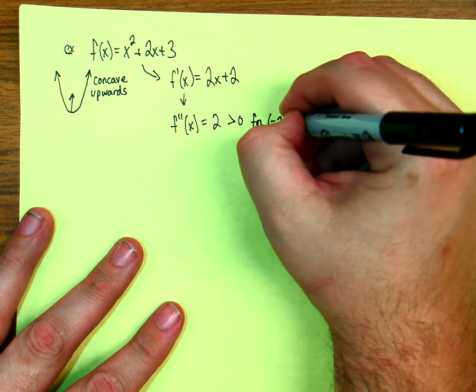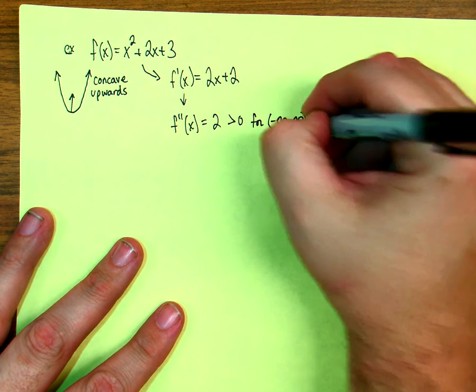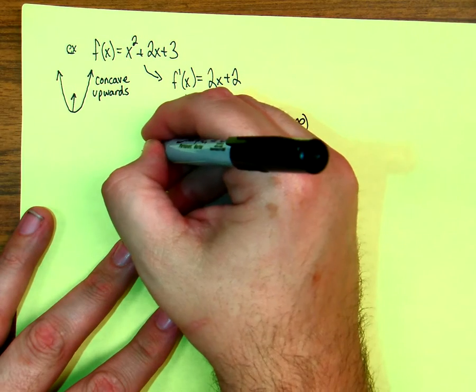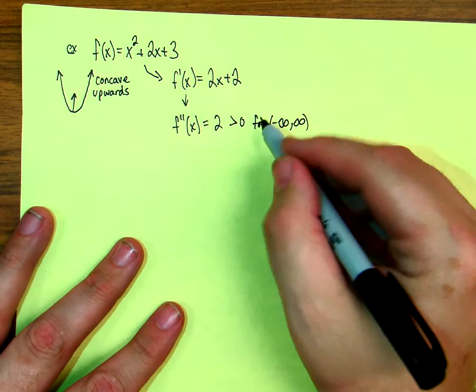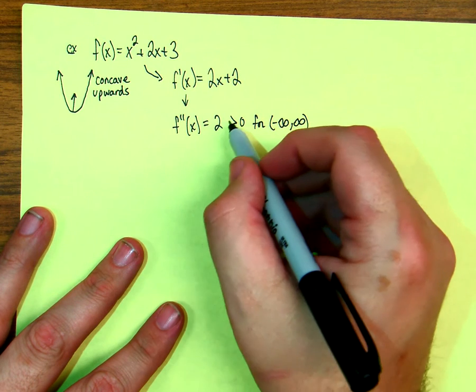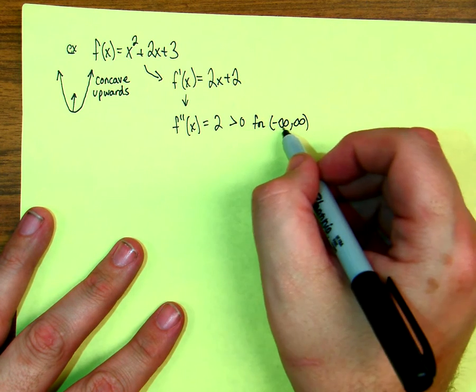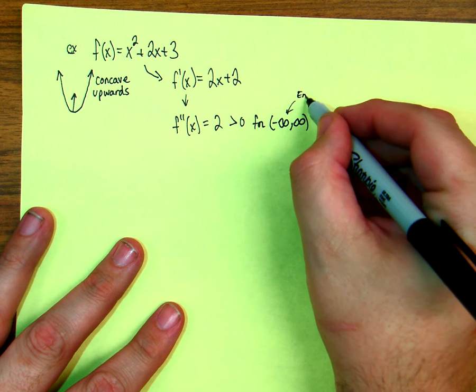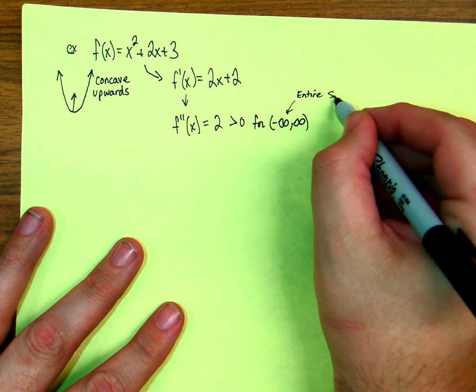What does that mean though? It's positive for the entire real number set. This represents the entire set of real numbers.